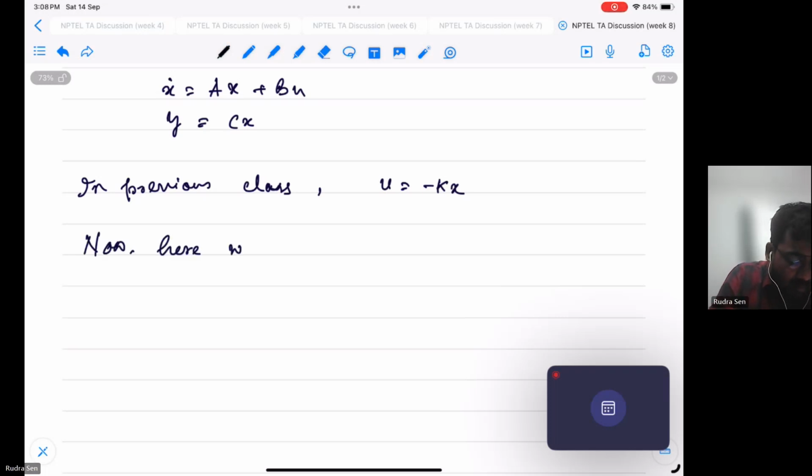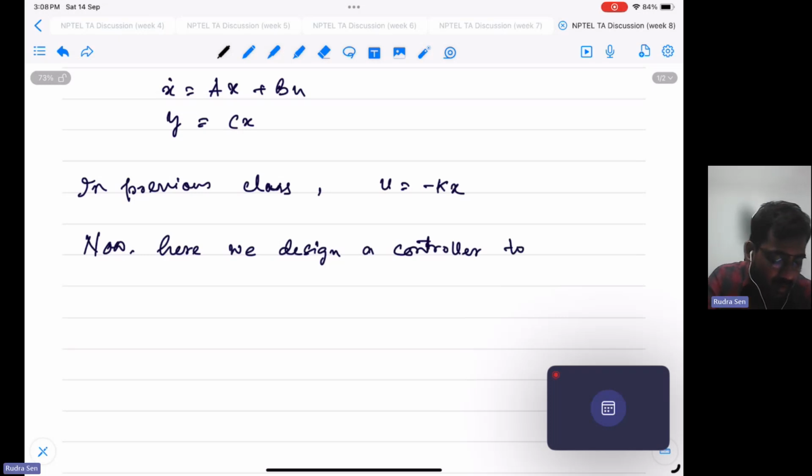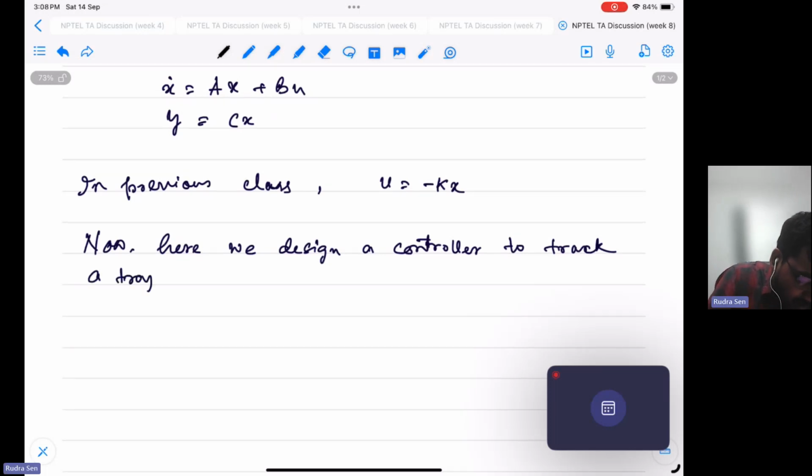Here we design a controller to track a reference trajectory, right?